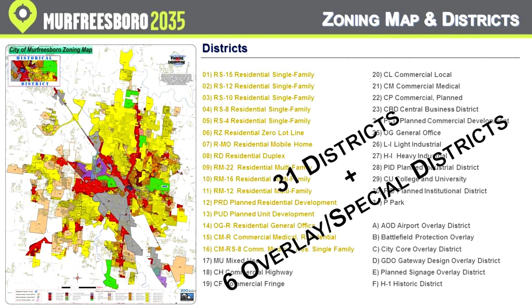With respect to Murfreesboro zoning, you have some 31 zoning districts, 16 of which will allow some form of residential development. And then you have another 6 overlay districts. So what we're interested in doing is hopefully reducing the number of residential zoning districts by providing some development options to provide developers that much greater flexibility in developing.